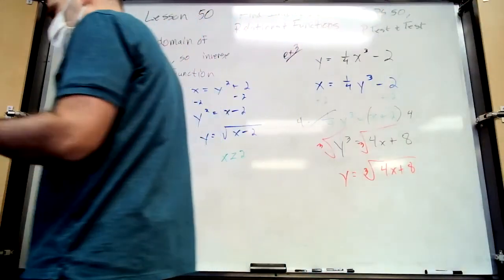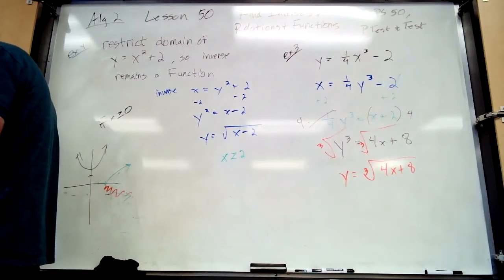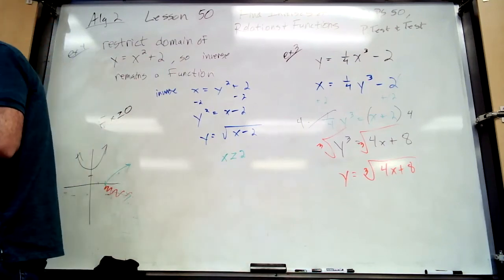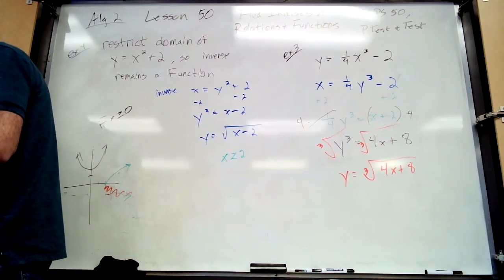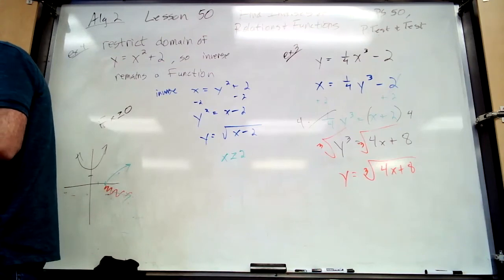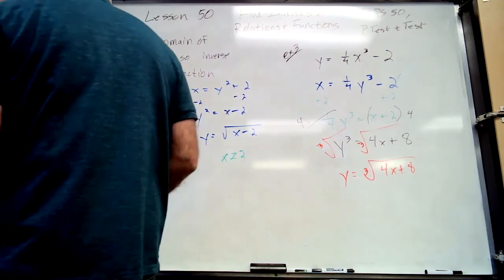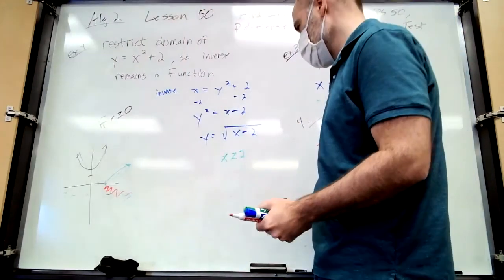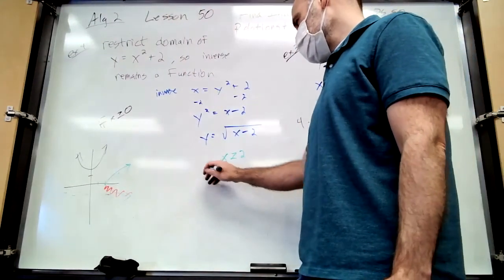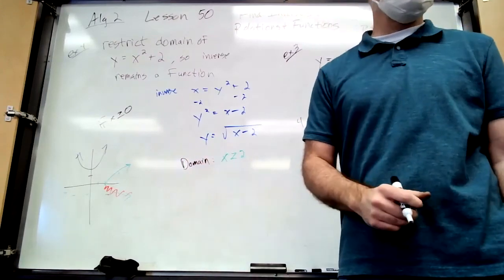Okay? So here's how I would write my solution. If we restrict the domain, then my domain is x greater than or equal to 2, and you can just say colon.